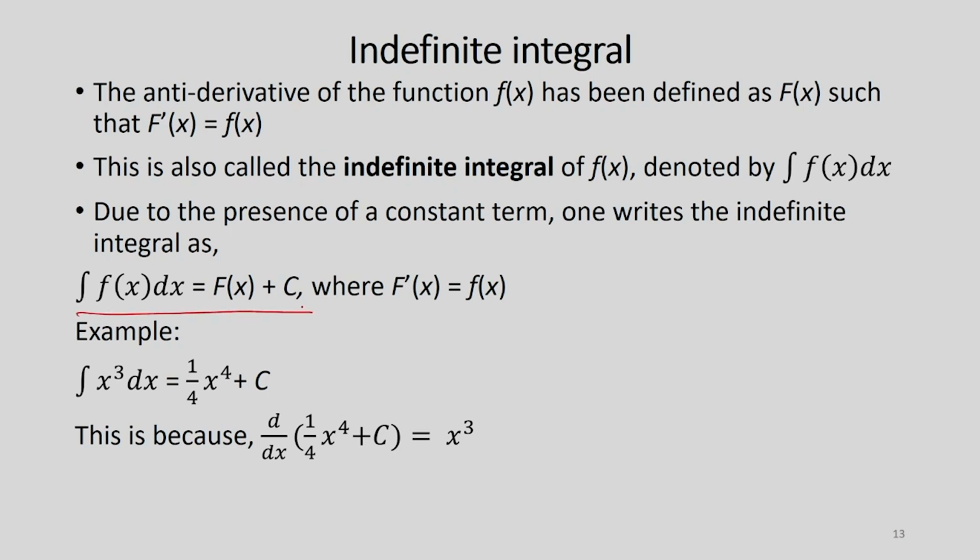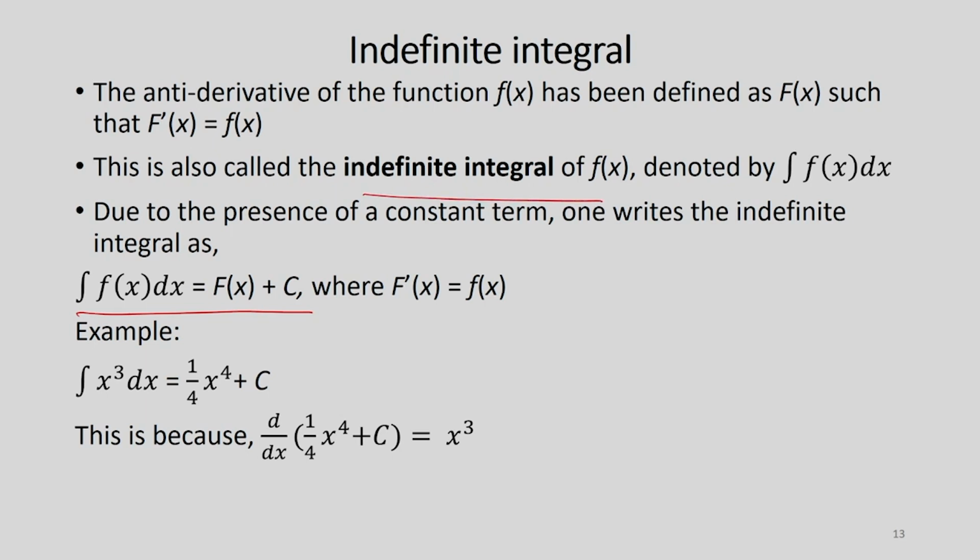So this is what we write: integration of small f(x) dx is equal to capital F(x) plus C, where C is the constant of integration. So in this case, capital F(x) is the antiderivative, and capital F(x) plus C is the indefinite integral of small f(x).